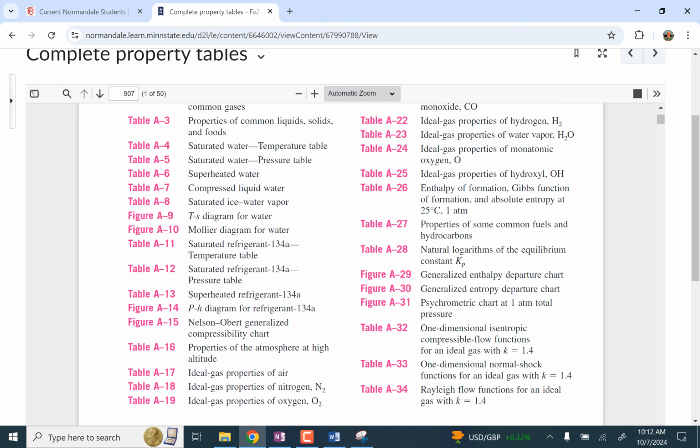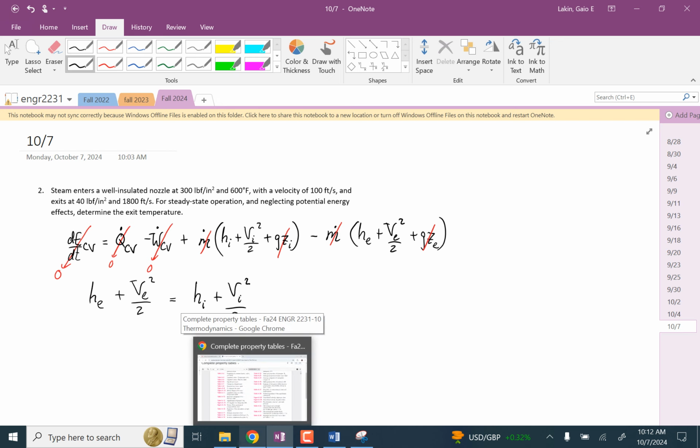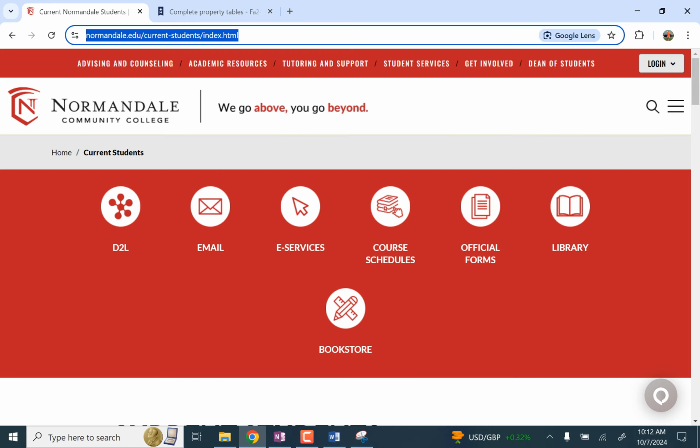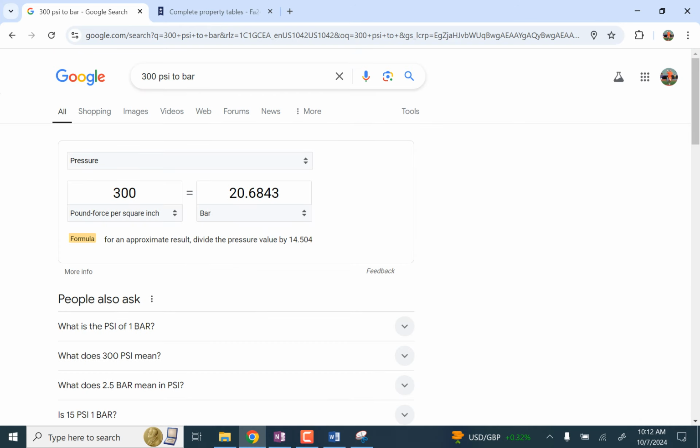All right, so let's see. 300 pounds per square inch. Oh, that's PSI. 300 PSI to bar, so 20.68 bar.